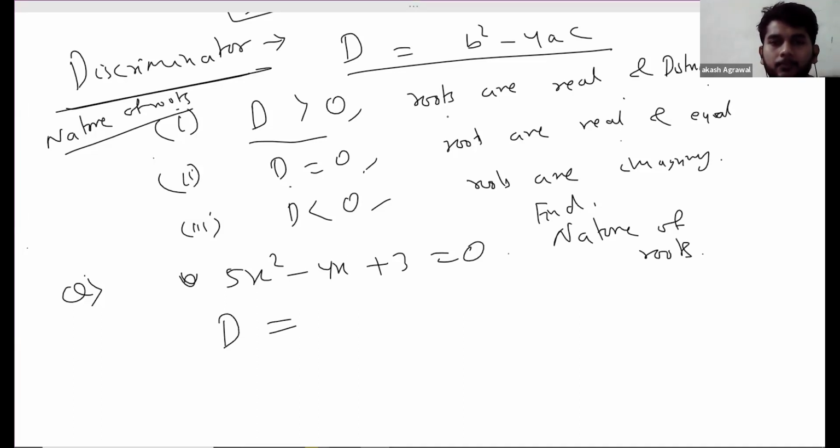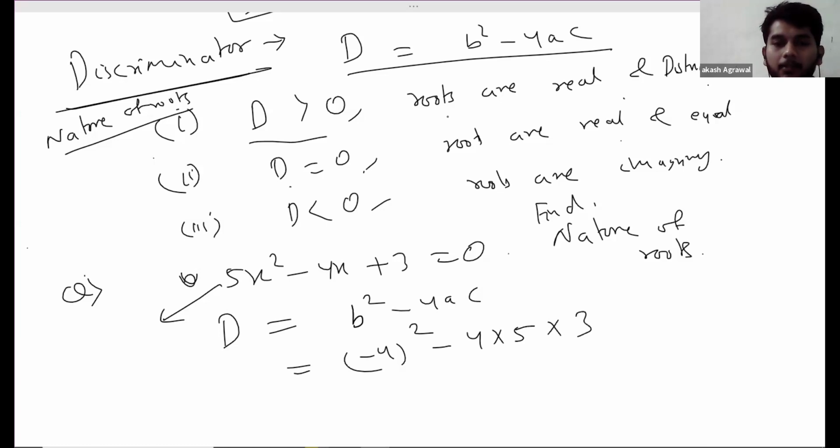So that's B square, right? Yes, B square minus 4AC. So what is B here in this equation? Minus 4. So minus 4 square minus 4. What is A? The value of A. 5. And C. 3. So we can simplify.